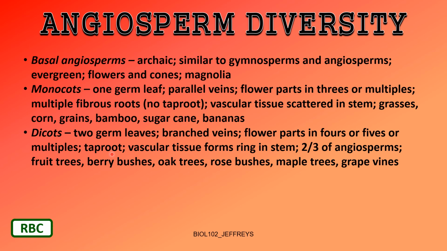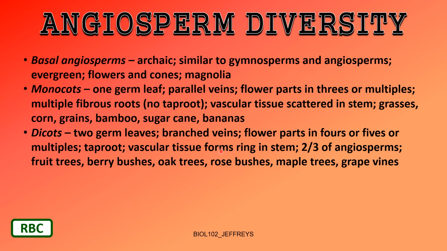80-foot oak tree that doesn't get blown over in the wind, because it has a very long tap root, and then it has accessory roots coming off of that. Vascular tissue forms a ring in the stem. I'll show you the picture. So vascular tissue is scattered in monocots.